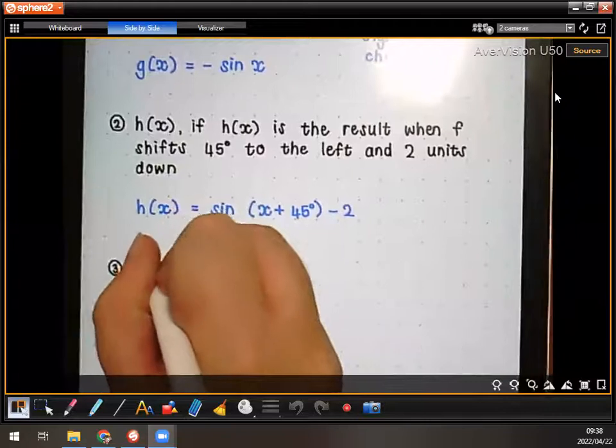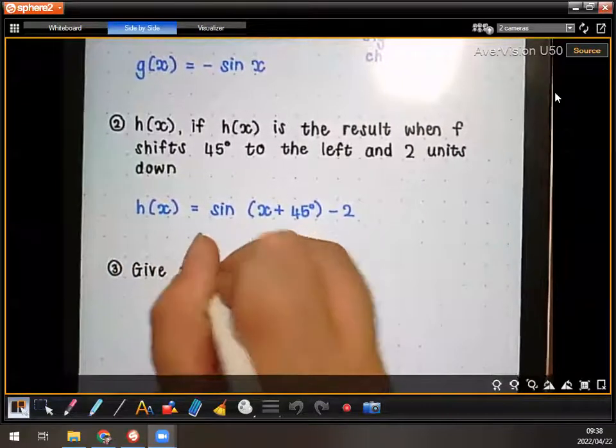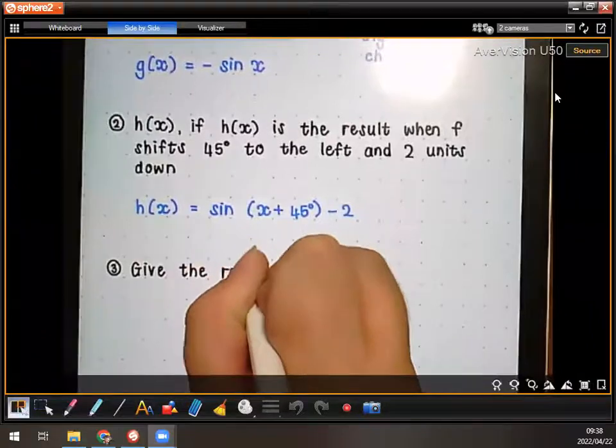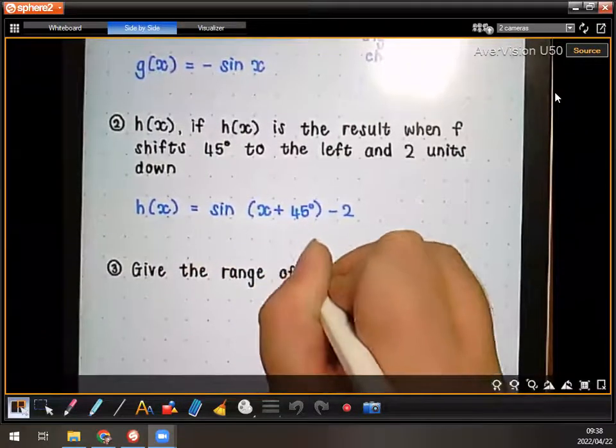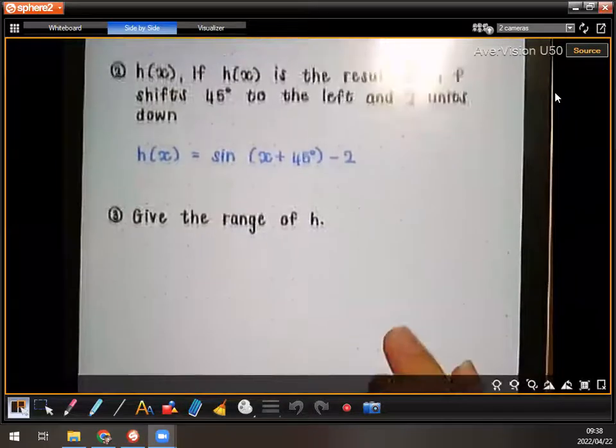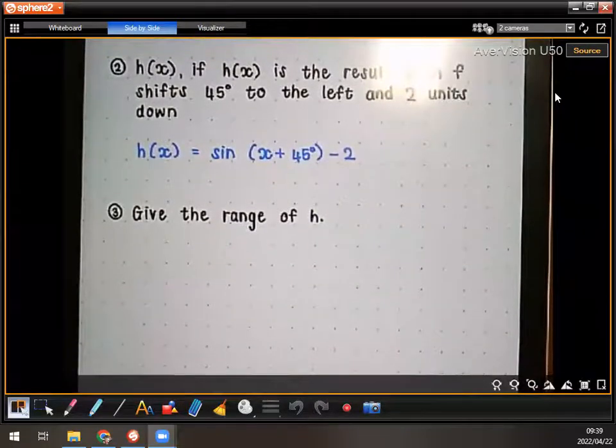If the range of h... and the range is with a y value, right?